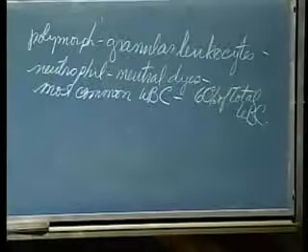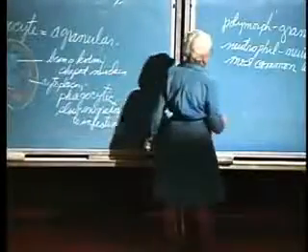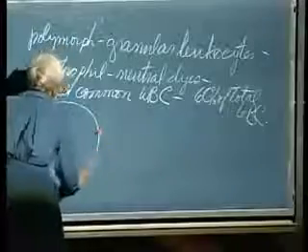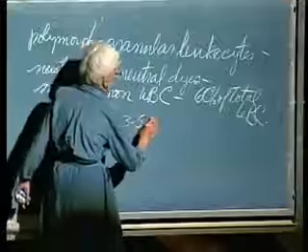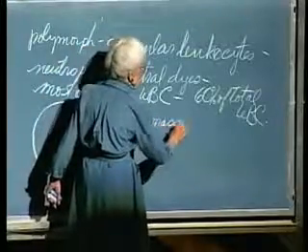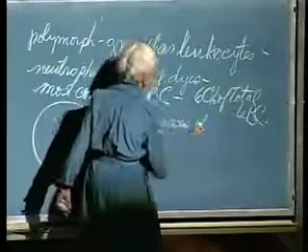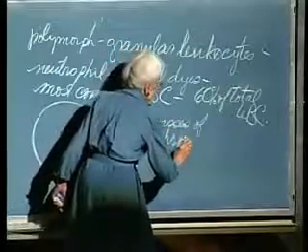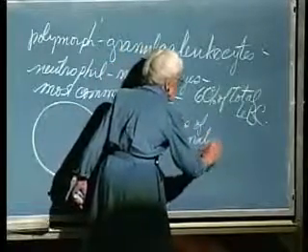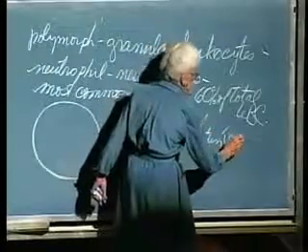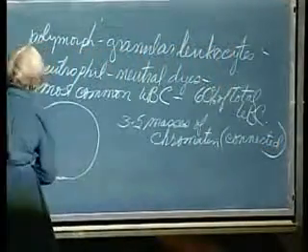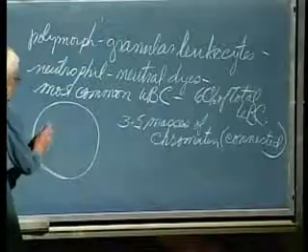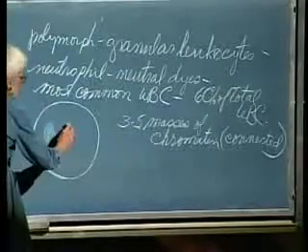Now this cell, as we said, it has a polymorph nucleus. It has from 3 to 5 masses of chromatin that are connected. So let's just make a 3 nuclear leukocyte here.